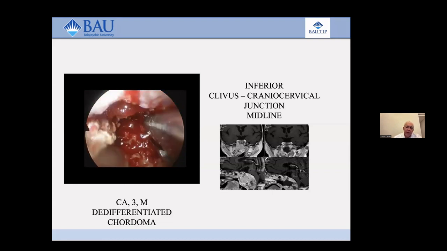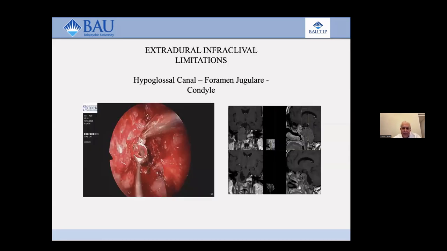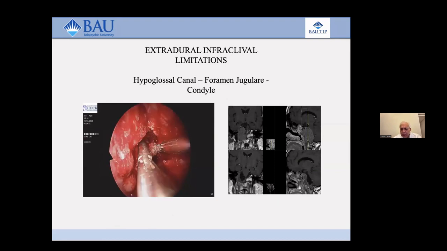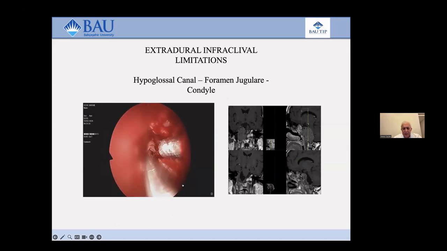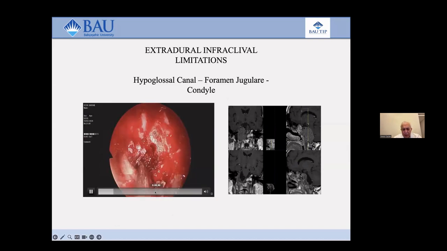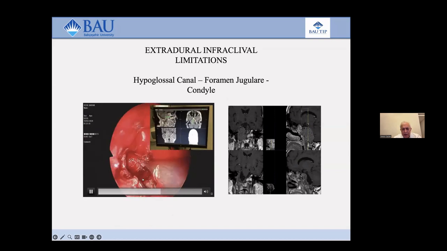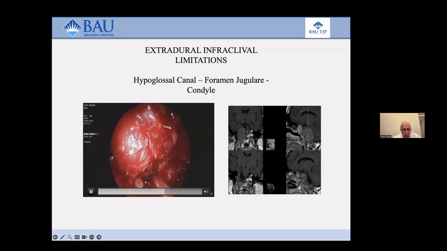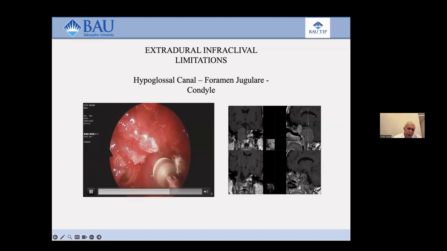In the other case, this huge extradural tumor extends to the odontoid tip and craniocervical junction. This extradural tumor was resected totally. We reached the craniocervical junction, explored the anterior arc of C1, and then the lateral condyle was explored.